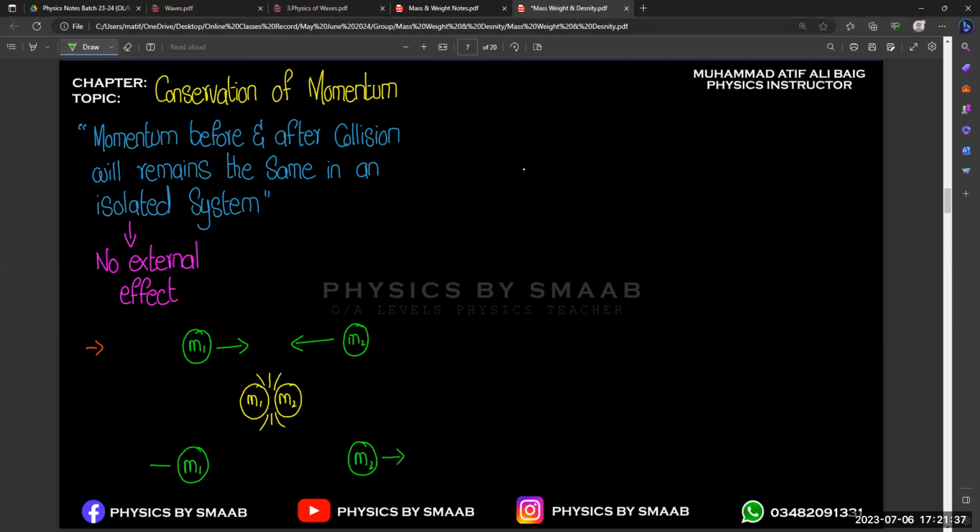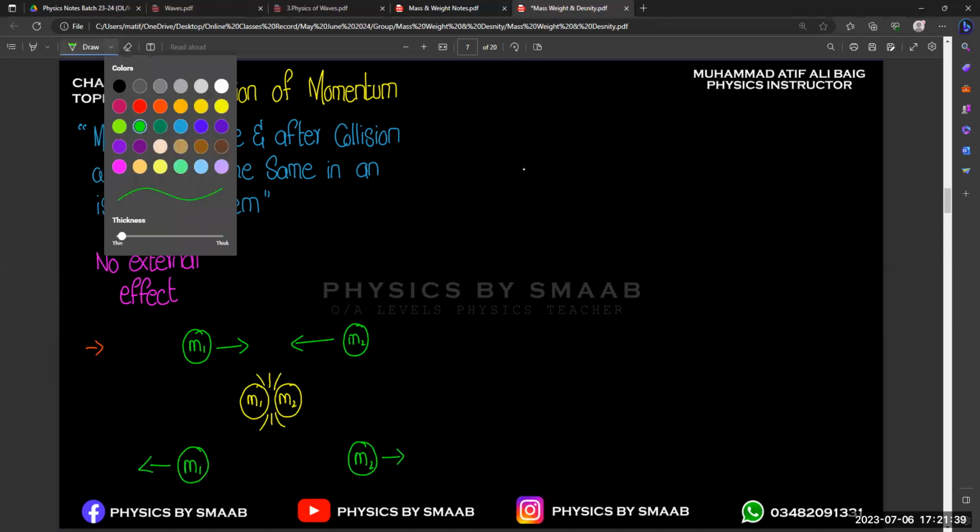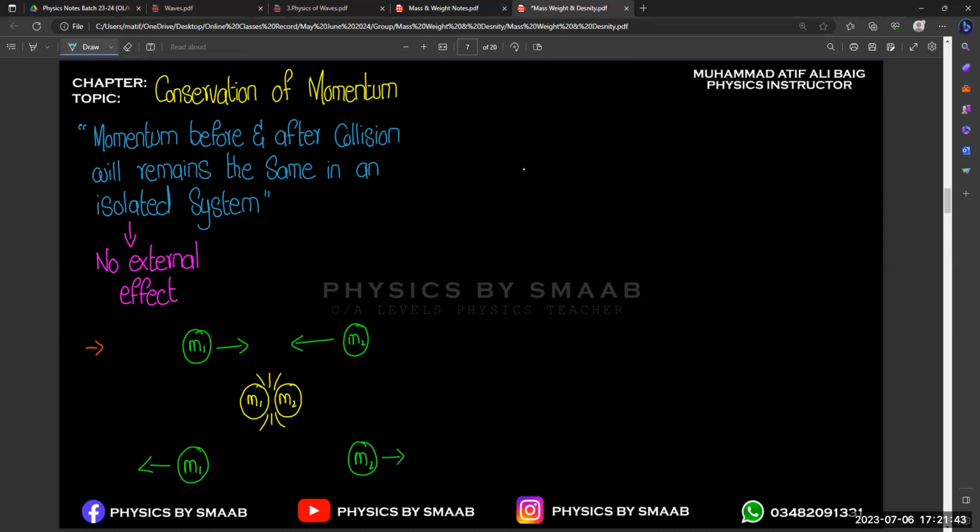Initially, when they are moving towards each other, that is the condition before collision. After collision it will be like this.